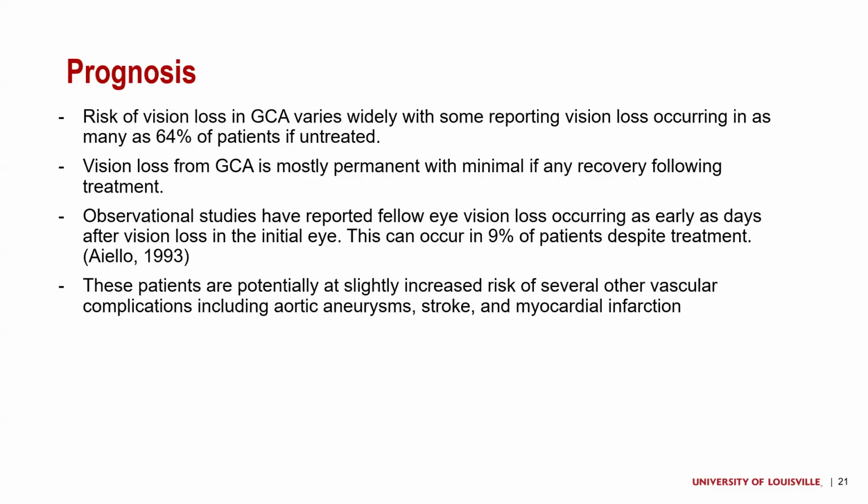However, because of this, some providers do recommend routine screening several years after a giant cell arteritis diagnosis. And very rarely, patients do end up having a stroke or myocardial infarction, though these are such rare complications that it's hard to tell in this population whether this is from giant cell arteritis or just due to other vasculopathic risk factors.